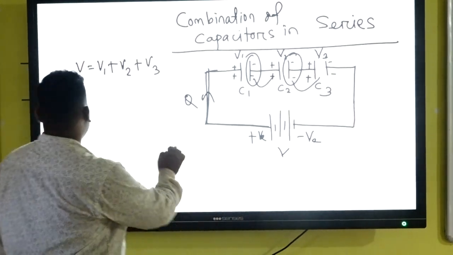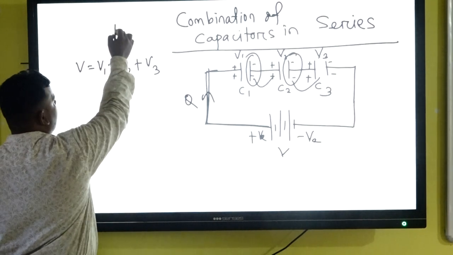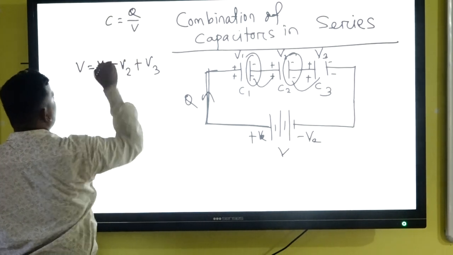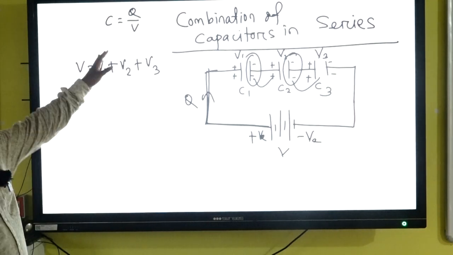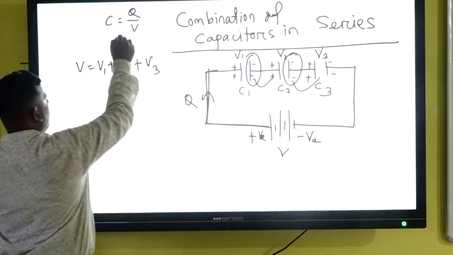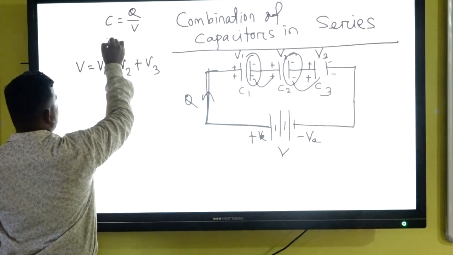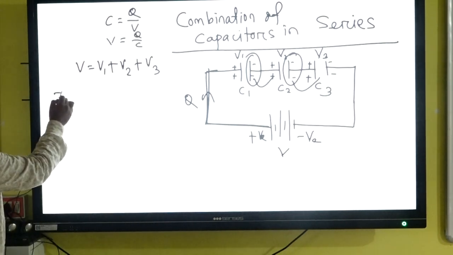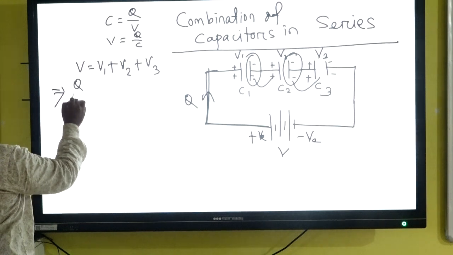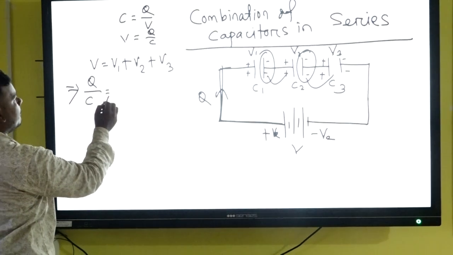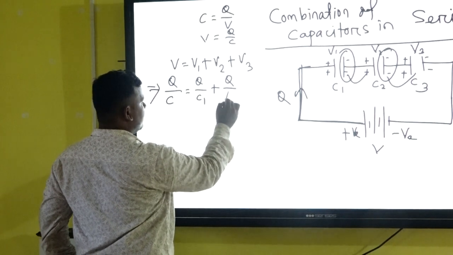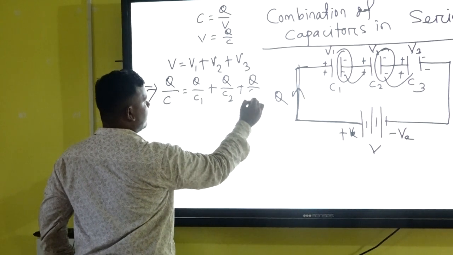We have the formula capacitance C equals Q by V, and from here I can write V equals Q by C. So V1 is Q by C1, V2 is Q by C2, and V3 is Q by C3.